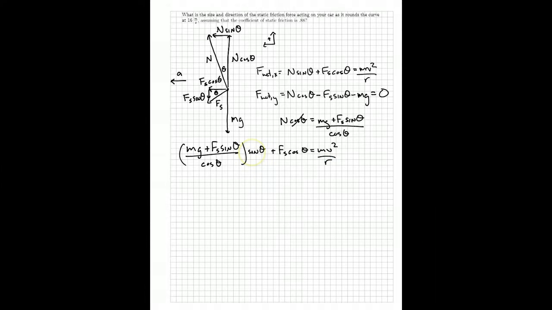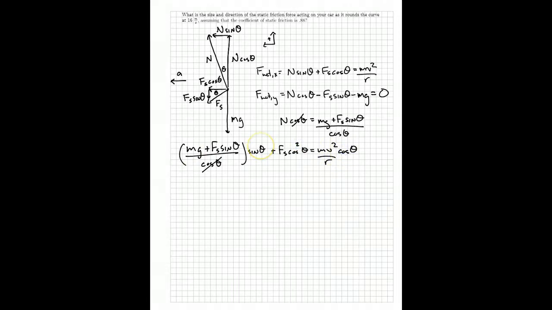And we want to distribute. I'm going to try to get away from fractions here, so I'm going to multiply the whole thing through by cosine theta as well. So multiplying through by cosine theta, we'll cancel this one, we'll square that one, and we'll put a cosine theta over here.